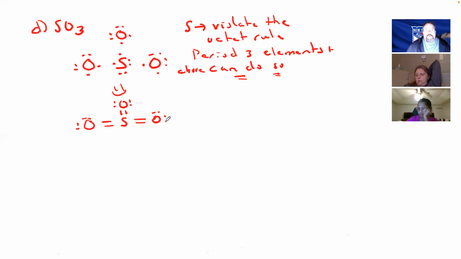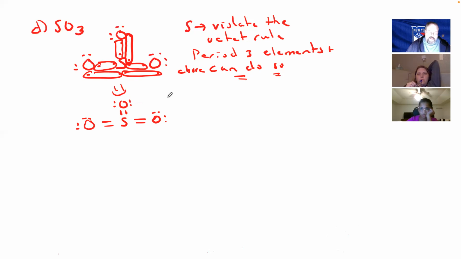That gives the sulfur 12 valence electrons, which sulfur is actually okay with, interestingly enough. So you'd have sharing this way, this way, and this way, because in order for the oxygen to get to 8, it's got to have double bonds. And the sulfur can be okay with having all double bonds with the oxygens. So that would be a little bit of a tougher one to figure out.